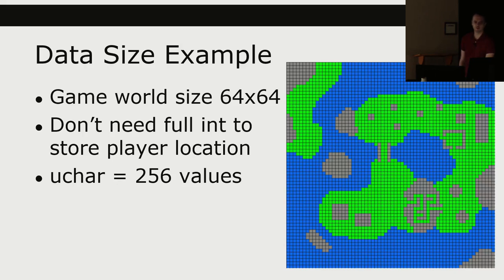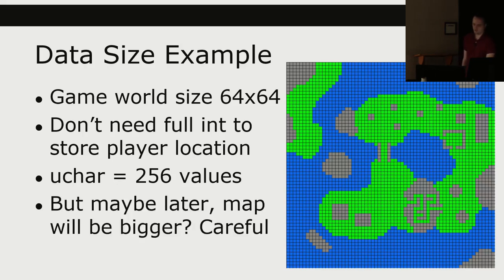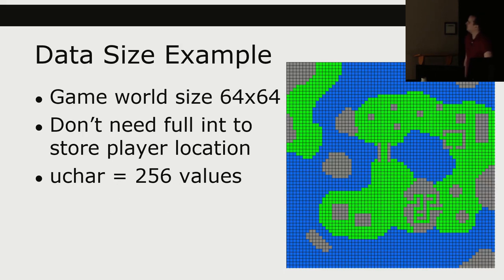That's 1 byte each, right? So we've gone from an integer being 4 bytes, and on a 64-bit system, by default, it might be 8 bytes, right? So if we went from 8 bytes to 1 byte, we have reduced the size that's required to store this particular piece of data from 8 to 1.